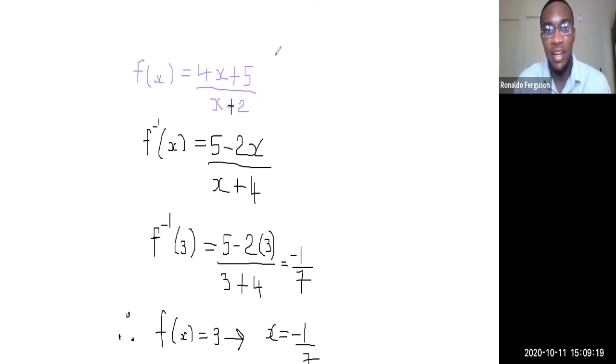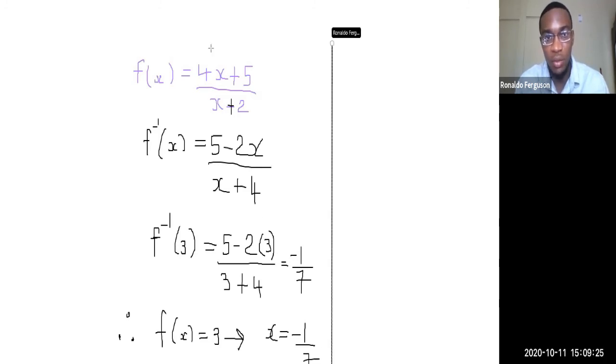Now let's verify this answer. To verify this answer, we're just going to solve this equation equal to 3 straight away. So let's say we wrote down 4x plus 5 over x plus 2, and we're solving this equation equal to 3.